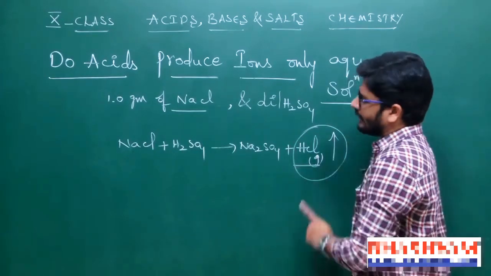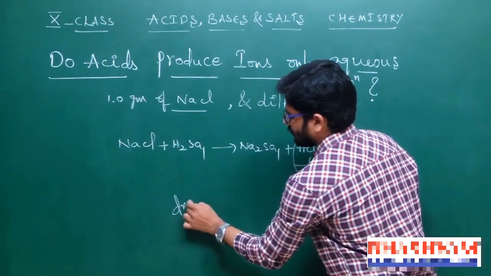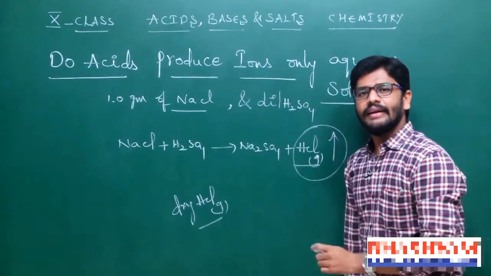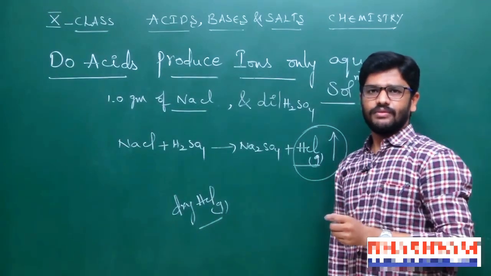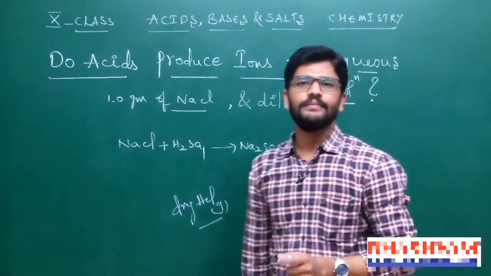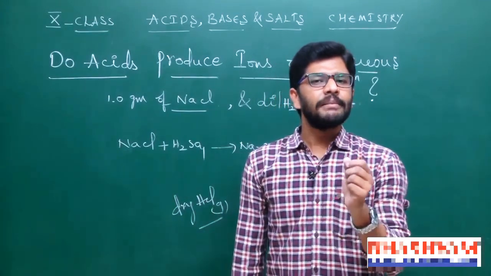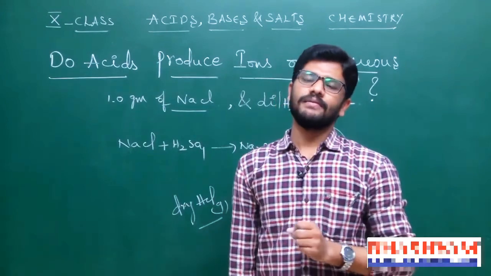When dry HCl gas is placed on blue litmus paper, this blue litmus paper cannot be changed into red litmus paper.